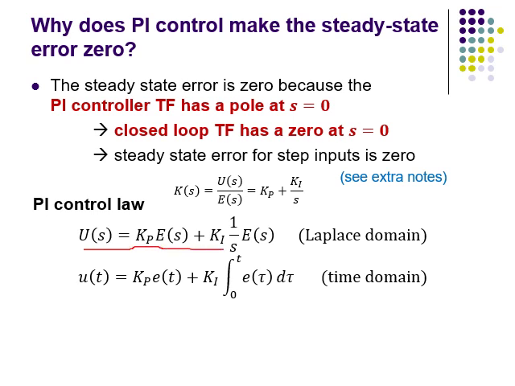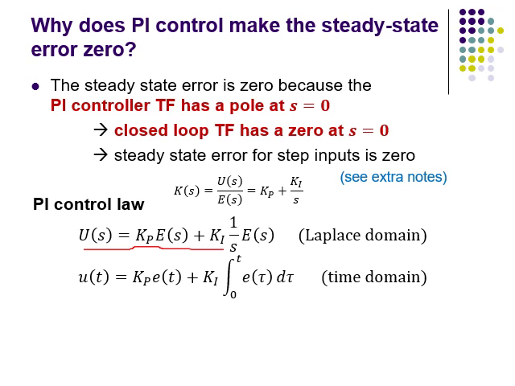So we have a term which is Kp times E, so that's the proportional term. There's a component in the control signal which is proportional to the error, plus this term Ki times 1 over S times E. So here in the Laplace domain we've got the error divided by S times Ki.